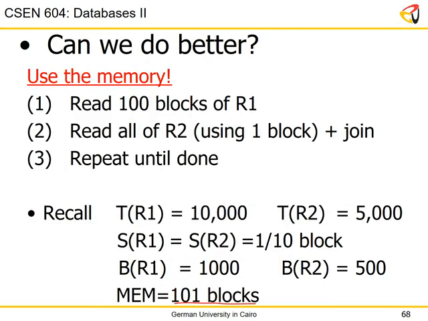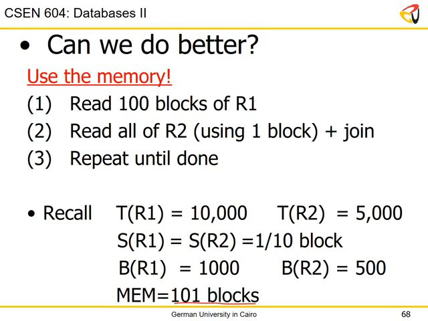We're going to use the memory. This is what I'm going to do. I'm going to read 100 blocks of R1 and keep them there. And by the way, this is a little bit naive, but just to show the point. I have 101 memory blocks. Okay? This is what I told you. I will read 100 pages or blocks from R1 and keep them in memory.